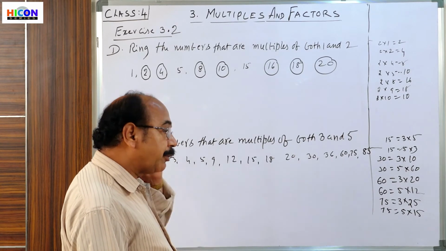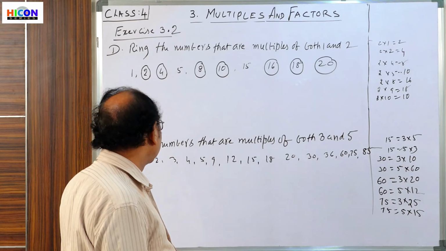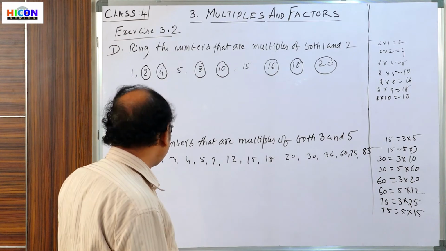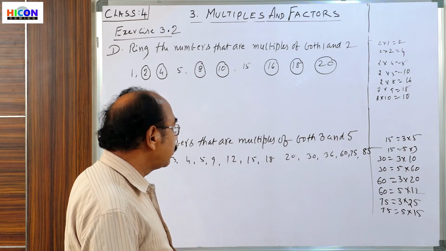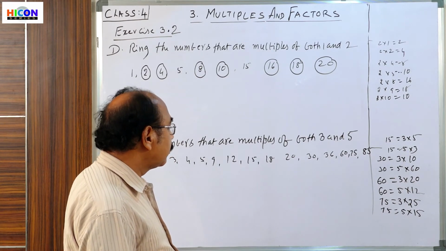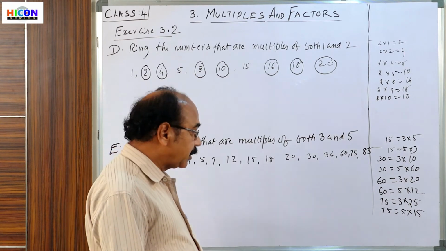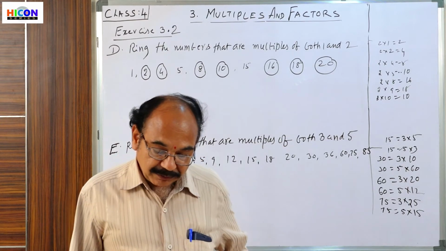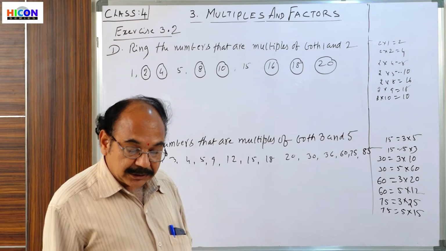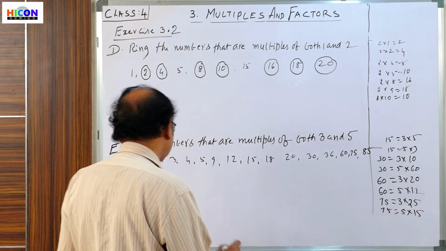So what are the numbers we can mention here? Multiples of both 3 and 5 means what we can mention here? 15, 30, 60, and 75.